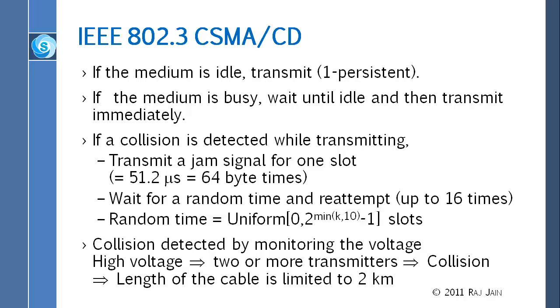So the 2 kilometers is the maximum distance between any 2 stations, from here to there. There were no switches. This was just a straight wire, so the key question is, suppose I start transmitting, when will this guy listen to me? When will I have the collision?